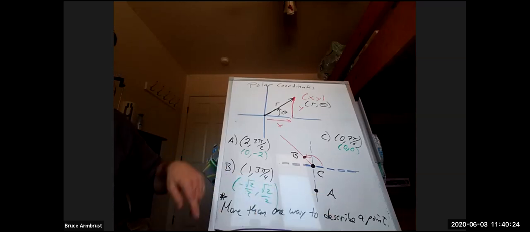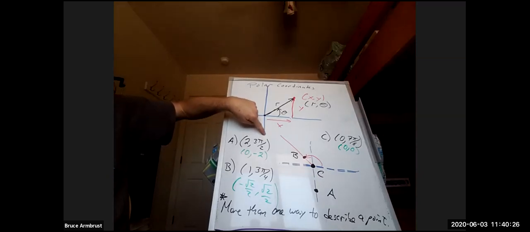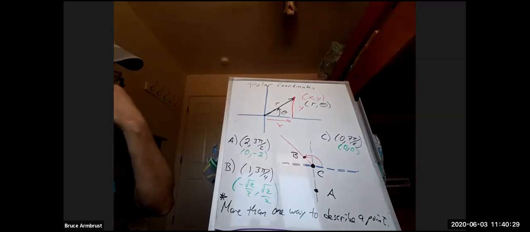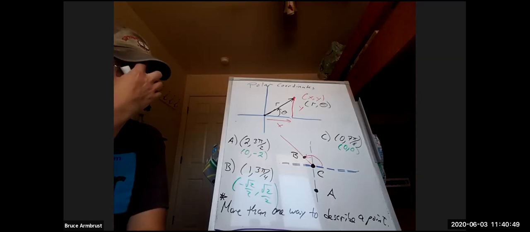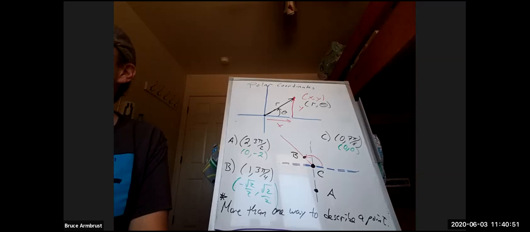Can you change the angle instead of 3 pi over 2? Can you give me another angle that would bring me to that same point? Okay, so William, you just said 270 degrees. That's cool.